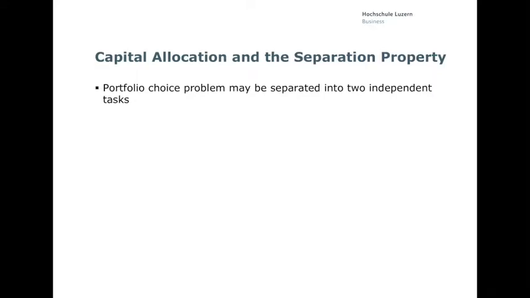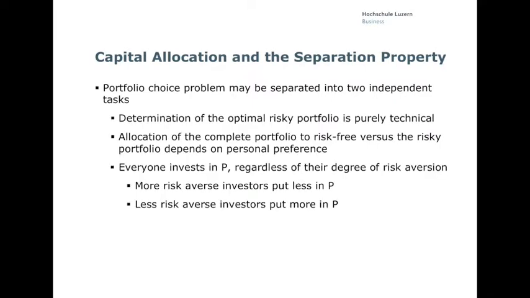Capital allocation and the separation property. The first task, the determination of the optimal risky portfolio, is purely technical. Given the manager's input list, the best risky portfolio is the same for all clients, regardless of risk aversion. However, the second task, capital allocation, depends on personal preferences.